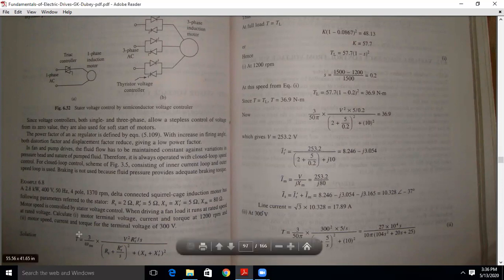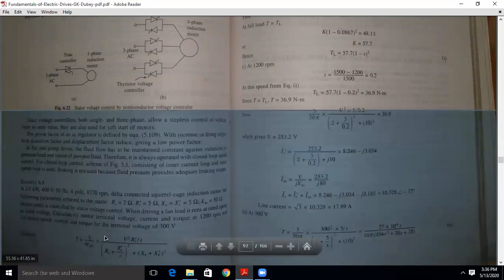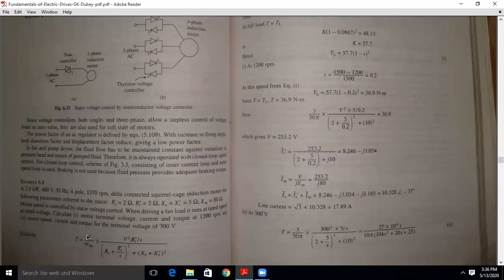At 1200 rpm, the motor terminal voltage V is asked, and second, the current and torque. Here, this is the torque equation.